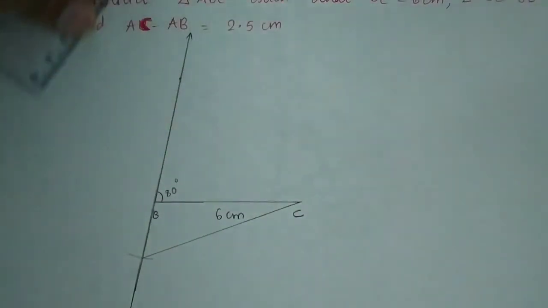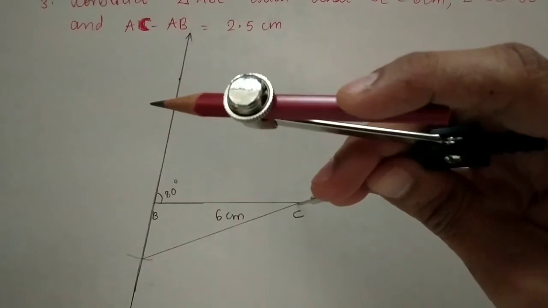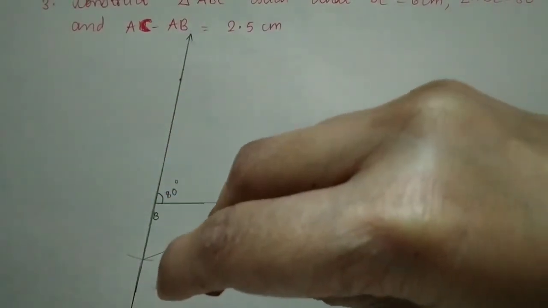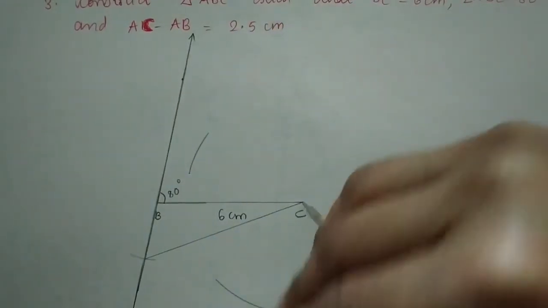Now as always we are going to draw the perpendicular bisector of this last drawn line. So we'll be drawing the perpendicular bisector using the compass. You will be taking your compass, placing it here. You'll be taking the distance more than half, and draw an arc up and down.